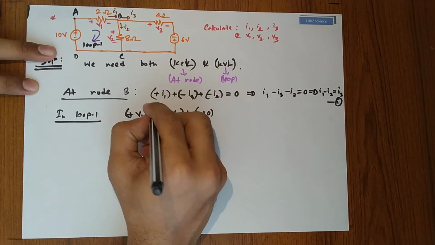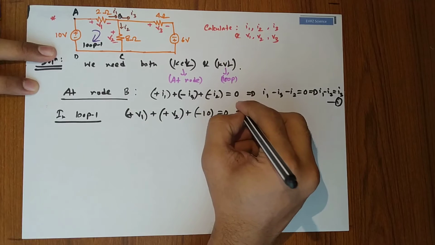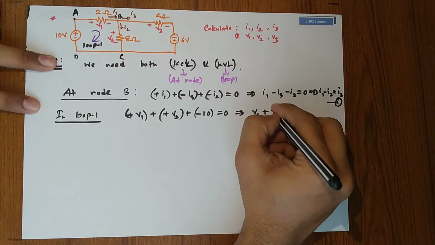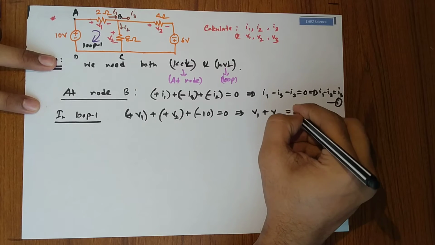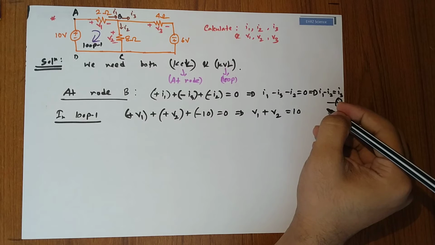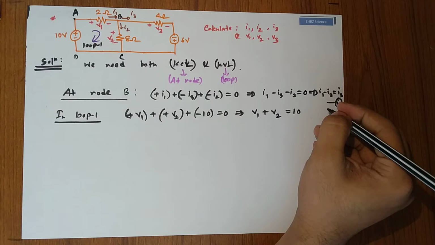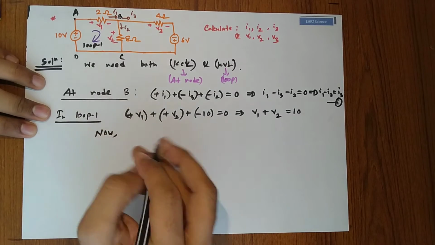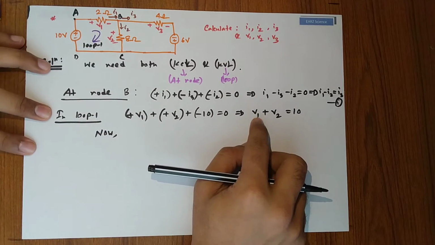The total algebraic sum is equal to 0, which will give us that V1 plus V2 is equal to 10. Now what is V1, students?